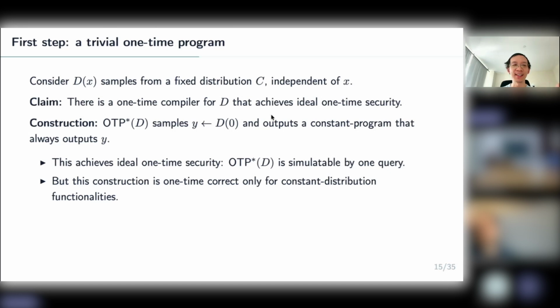However, notice that for this construction to work, it is crucial that the functionality class I'm considering is a constant distribution functionality, by which I mean it outputs the same distribution for every X. And the functionality doesn't have to ignore X. It can use the input X in some obfuscated way, but as long as at the end the output doesn't actually depend on X, then this construction will work.